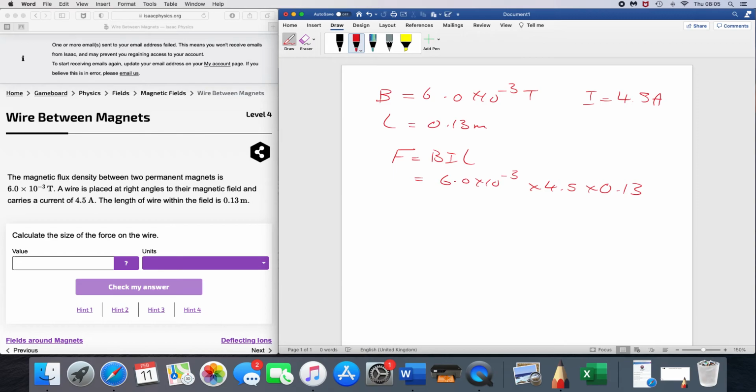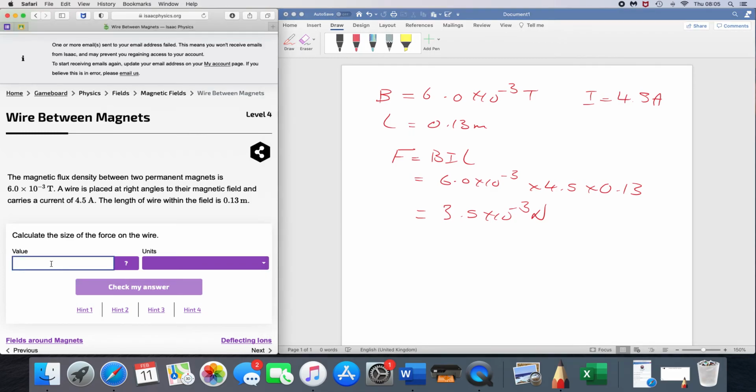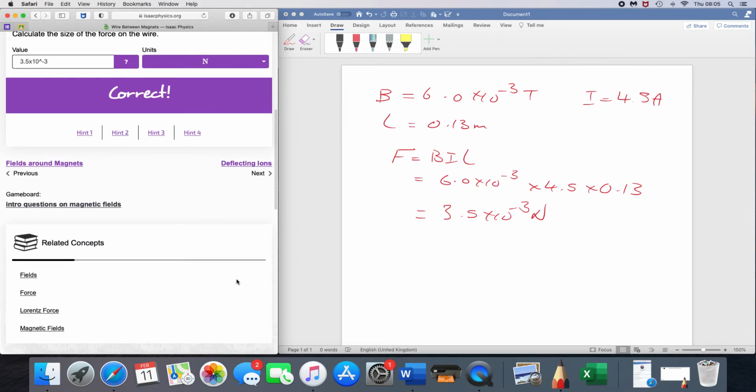And if we do that, we have 6 times 4.5 times 0.13, 3.51 times 10 to the minus 3, well that's 3.5 Newtons. And there we go.